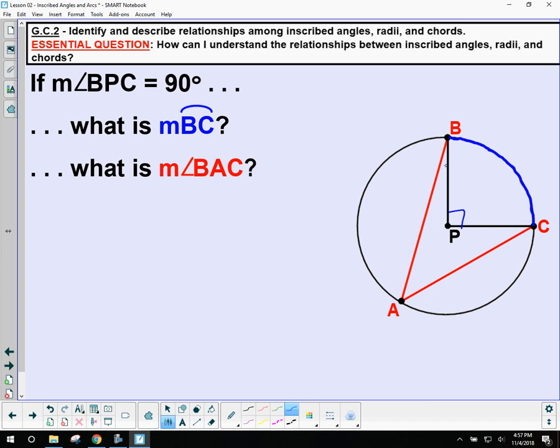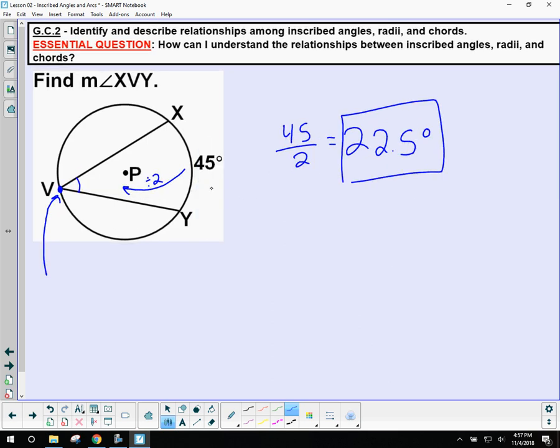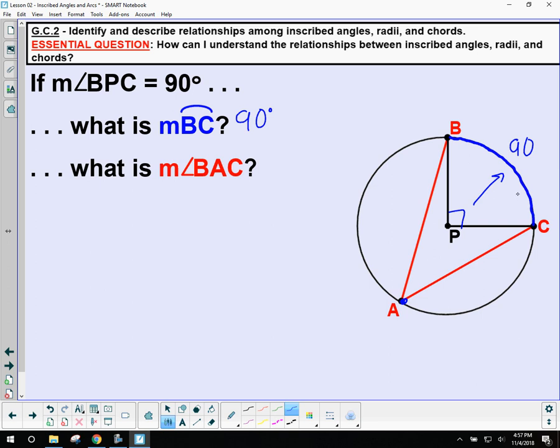So 90 is a central angle, which means this arc should be 90 degrees. But check it out, since they're sharing this arc, that's kind of like the last example, so we take half to move back in. If we take half of 90, it should be 45.